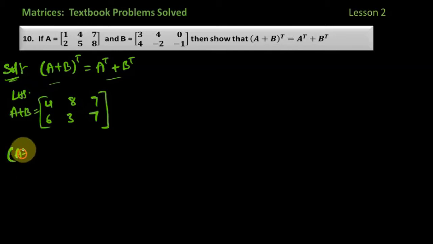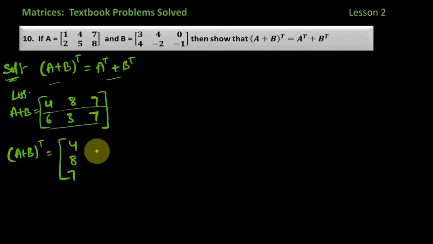So A plus B whole transpose is equal to, how much do I get here? See, my row elements will become column elements. So the first row elements will become the first column. So how should I write? 4, 6. Similarly, the second row elements will become second column elements. So 8, 3, 7. Okay. So this is the value of A plus B whole transpose.